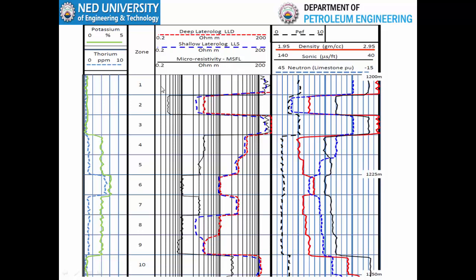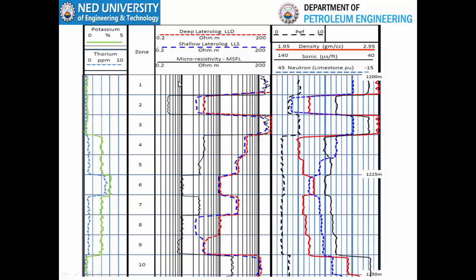For example, in this log section, as you can see, the resistivity log has been run and is plotted on track number 2, and the scale of resistivity is from 0.2 to 200 ohm meter. You can see that the resistivity log is plotted on a log cycle. We have 4 log cycles in this log section, and the unit value in each cycle is different.